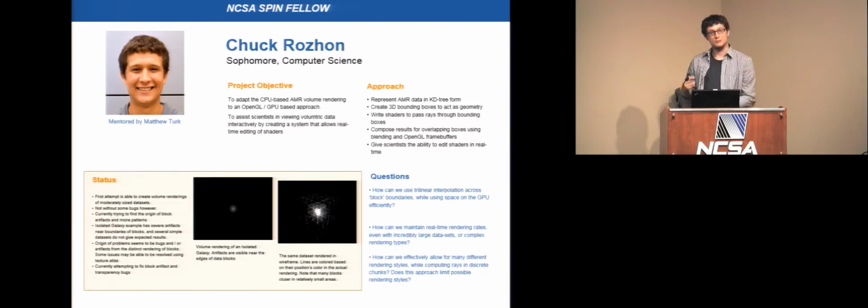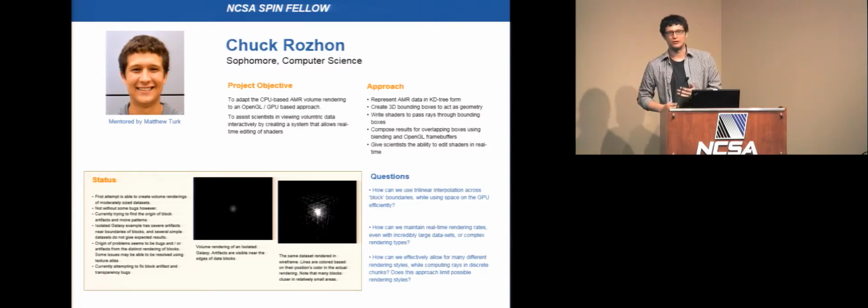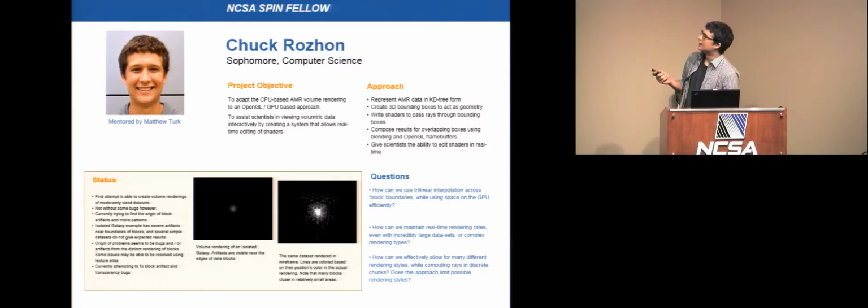I'm not really sure on the details, but something that you have to be very careful with is not running out of GPU memory or anything like that. Making sure that we maintain some semblance of real time would be great, even with really large data sets.